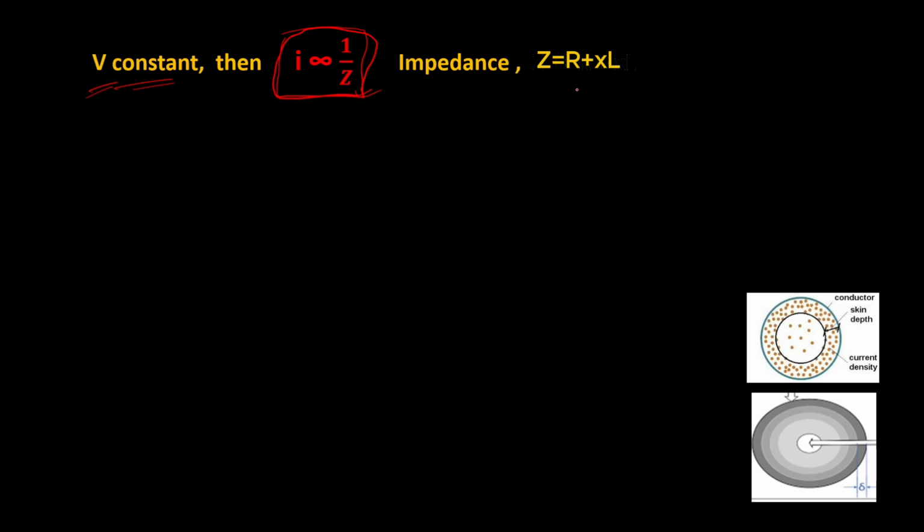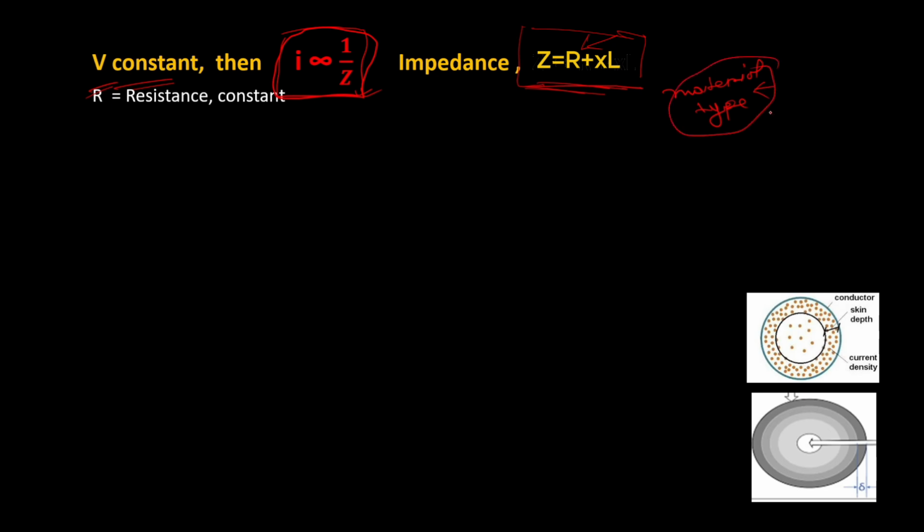So the impedance equation for AC current: Z is equal to R plus XL. R is the resistance, which is always constant, because R depends on the conductor material type.